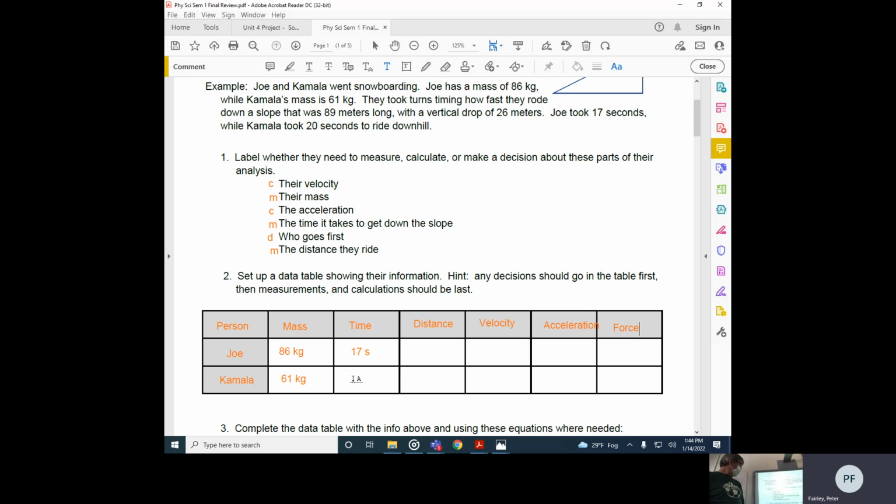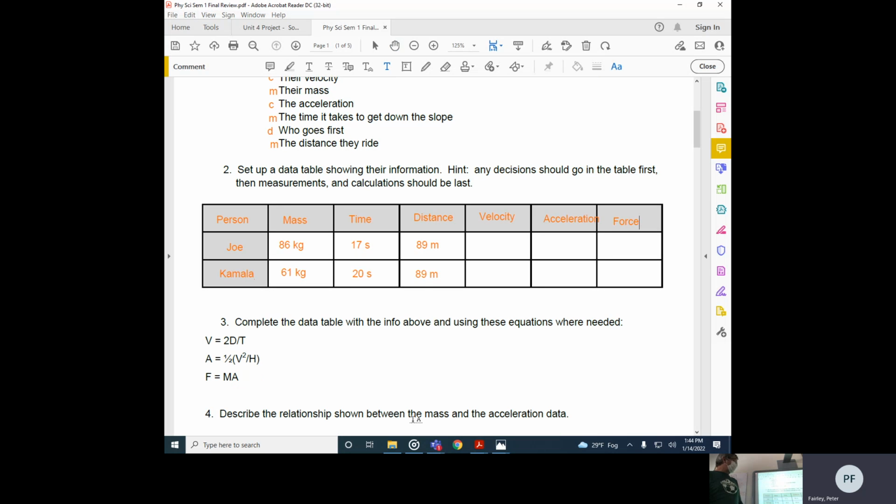And Kamala was 20. Let's see, distance. How far did they go? 89? Was it the same for both of them? They both went 89, huh? So there's all the measurements we filled in already. Just have to copy them down.